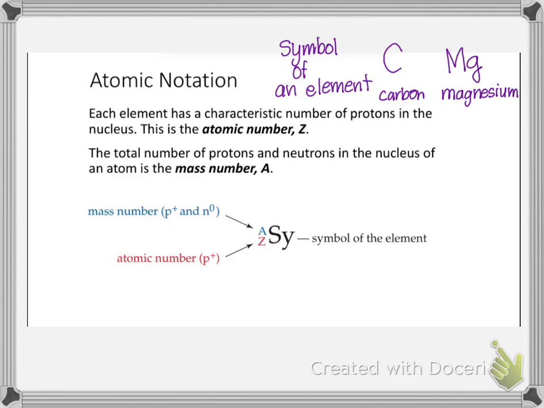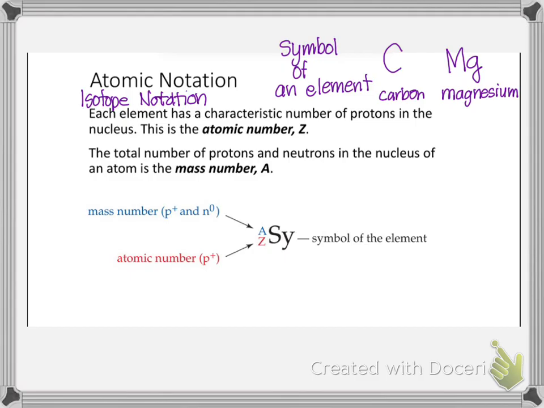And so just a symbol of the element, that's what it is. Now, in atomic notation, also called isotope notation, they're the same. In this type of notation, we're given more information. Specifically, we're given enough information to figure out how many neutrons are present.